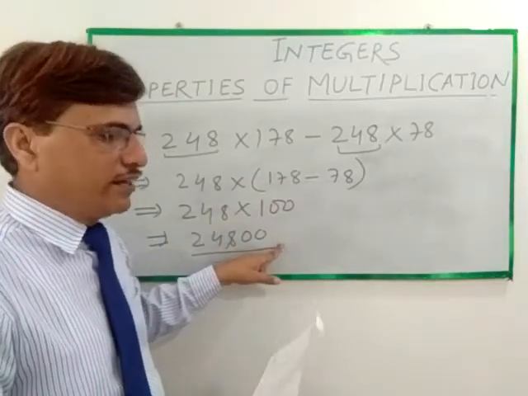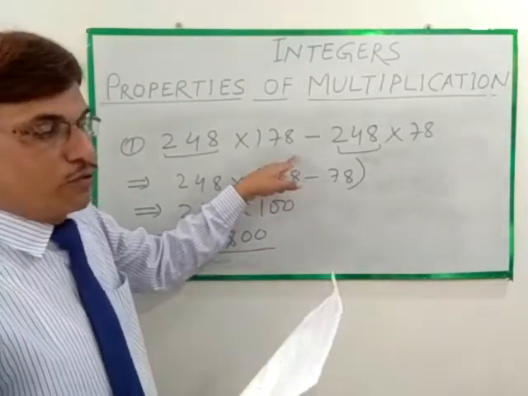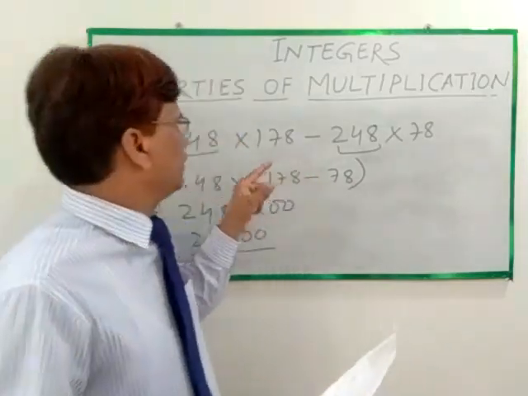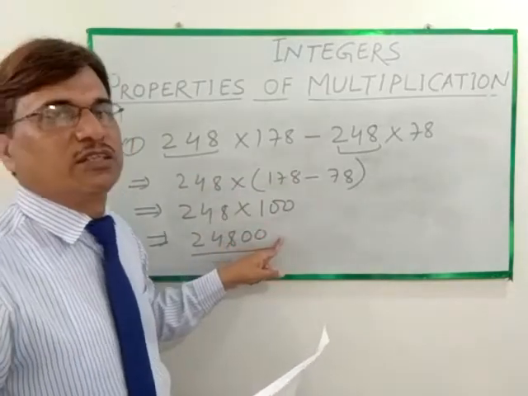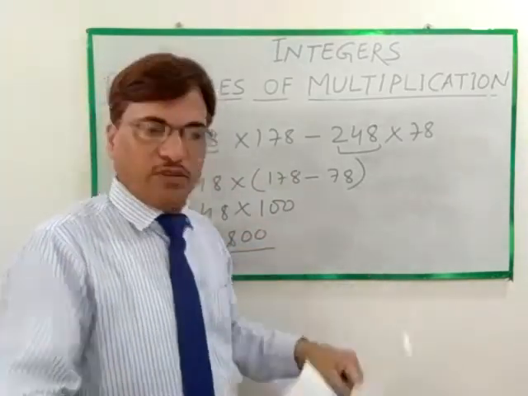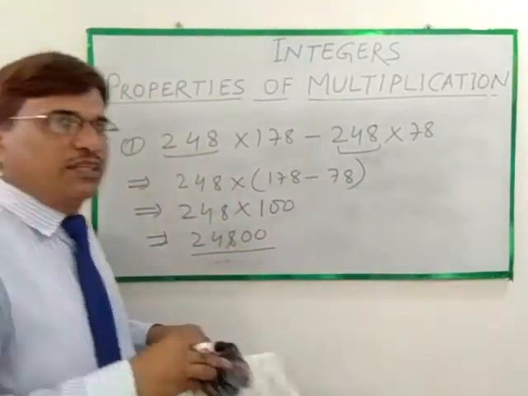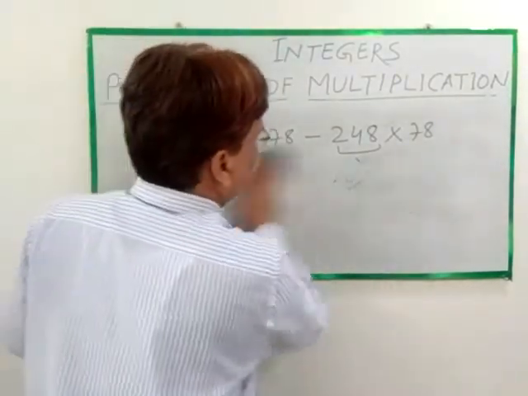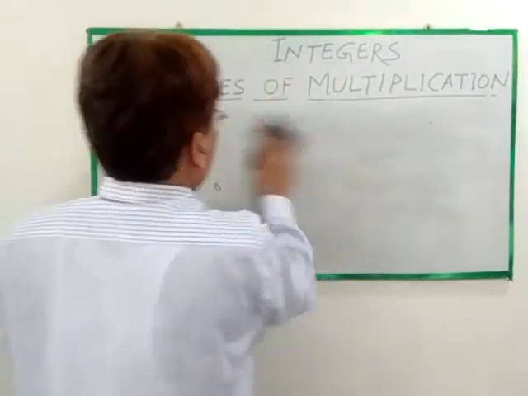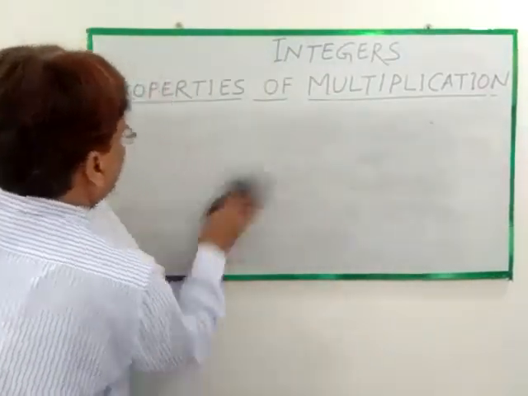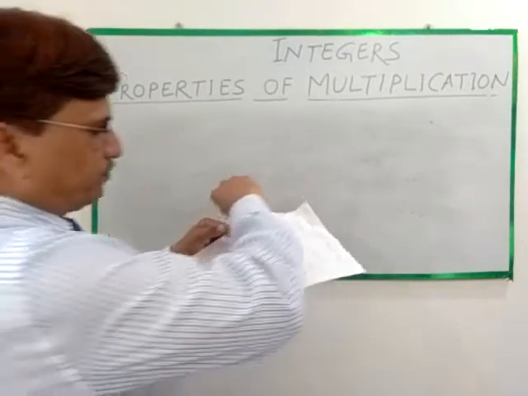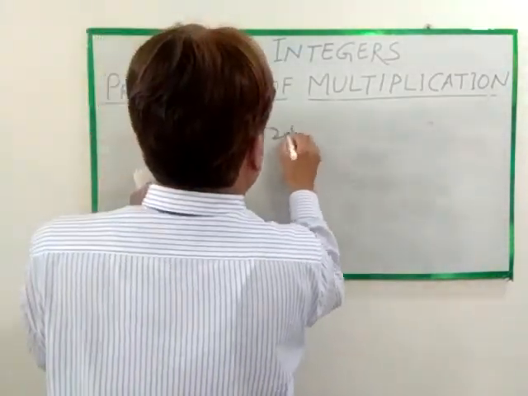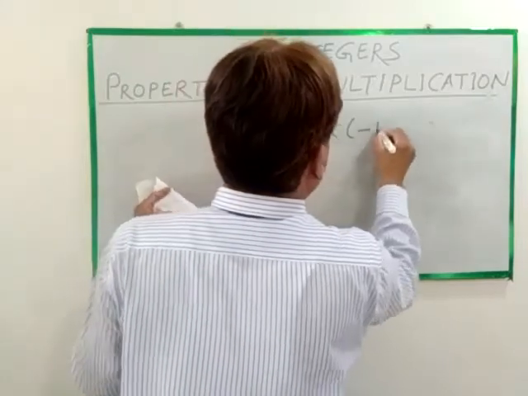Okay, and you have to do the questions I have given you for homework. With the help of this example, you can do them easily. Now I am explaining one more question. 60 into 20, 60 into 25 into -10.